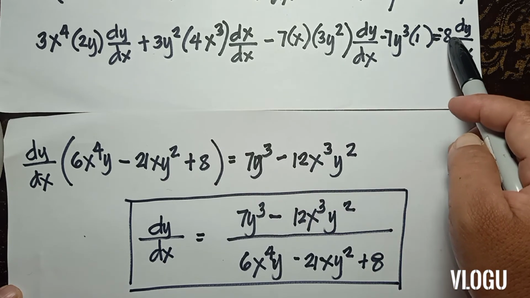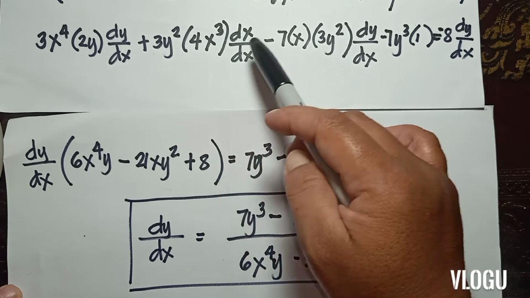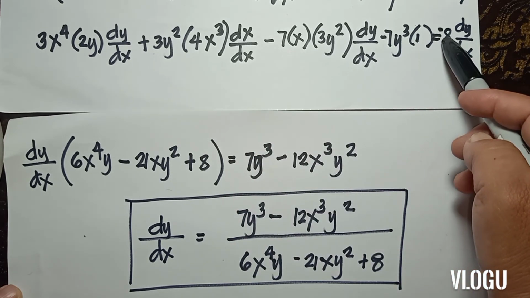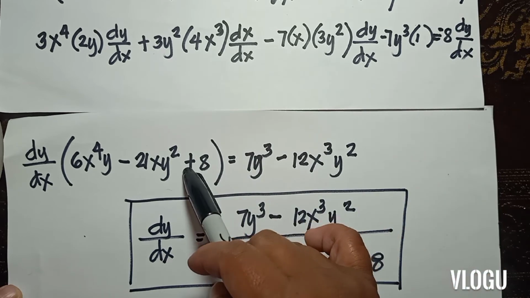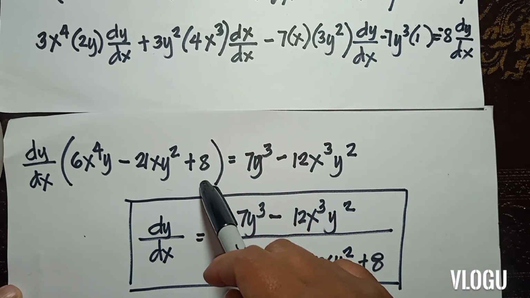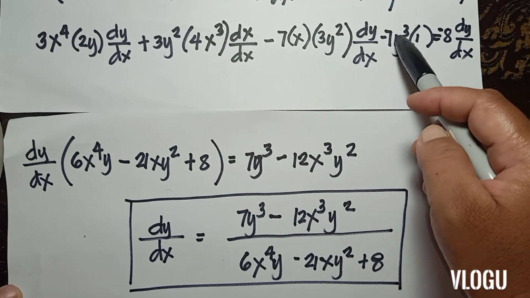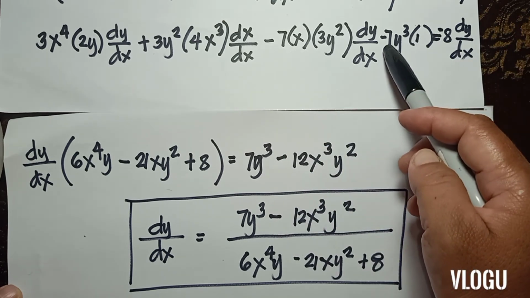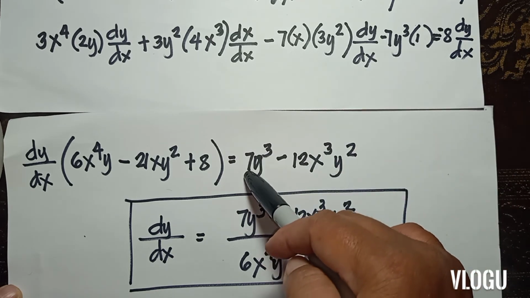And then this one, we are going to transpose to the other side. This is negative, so if we transpose to the other side, that becomes positive. That's the reason we have here plus 8. Then this one, 7y cubed, if we transpose to the other side, that is negative, that becomes positive.